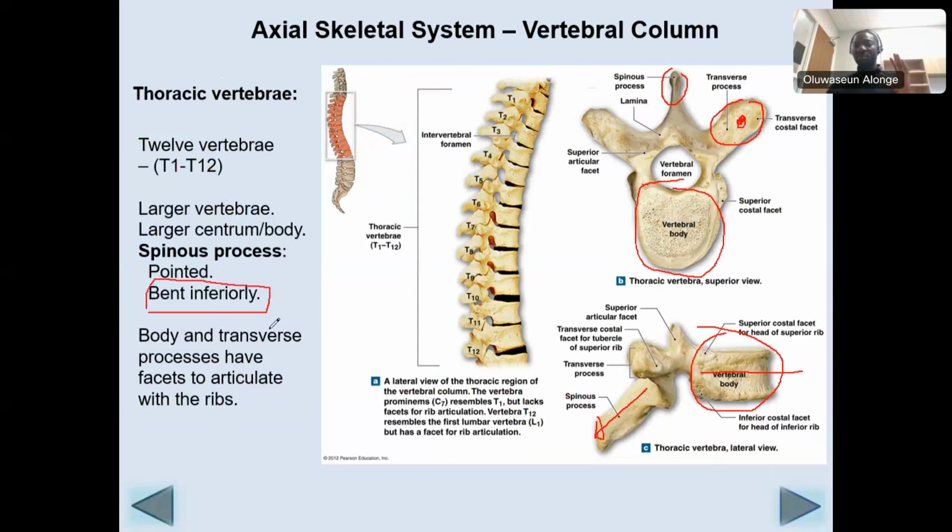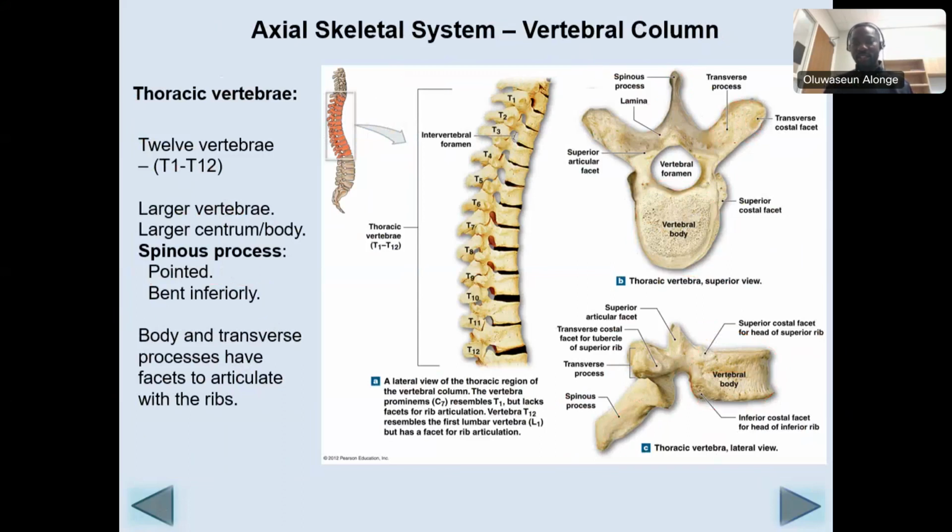So when you're looking for cervical, you look for the bifid spinous process and the transverse foramen. For thoracic, you look for the larger centrum, and you also look for the spinous process that is pointed and bent inferiorly.